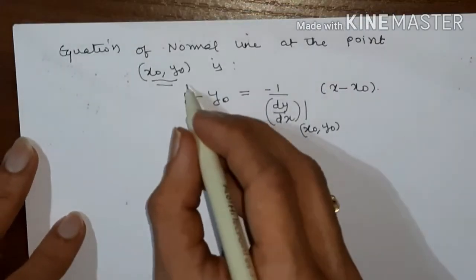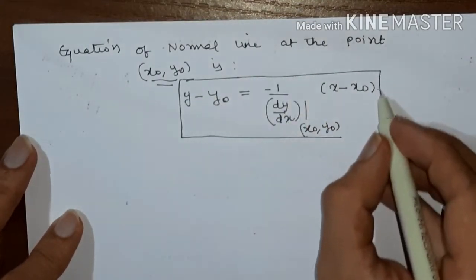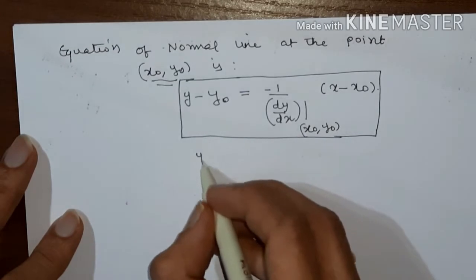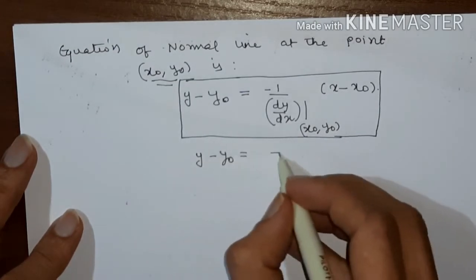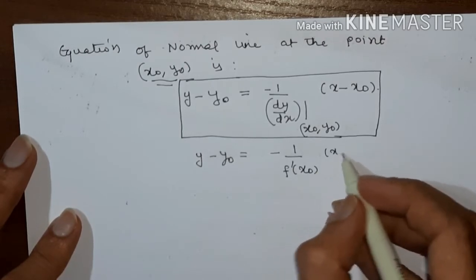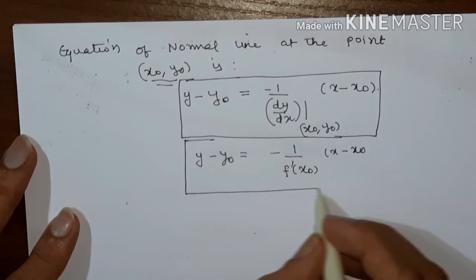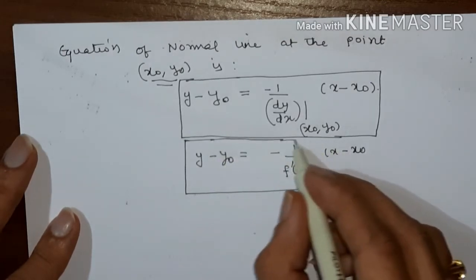This is the equation of the normal line. Or we can also write it as y minus y naught equals -1 by f prime at x naught, times x minus x naught. This is another form of the equation of the normal line.